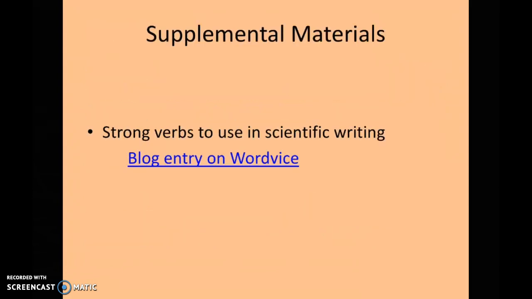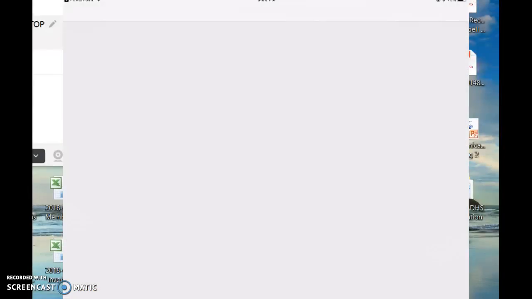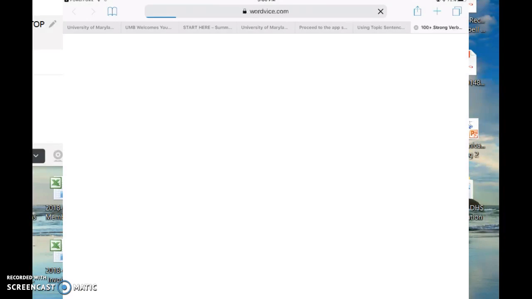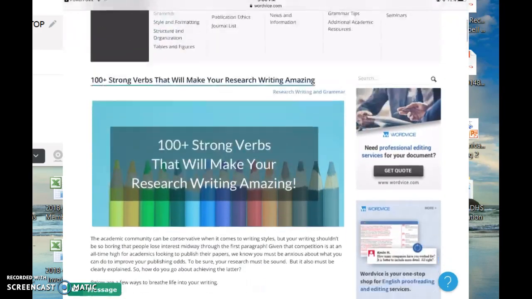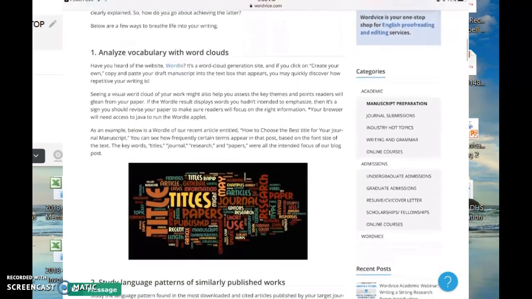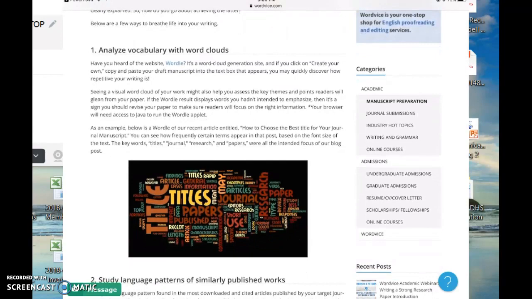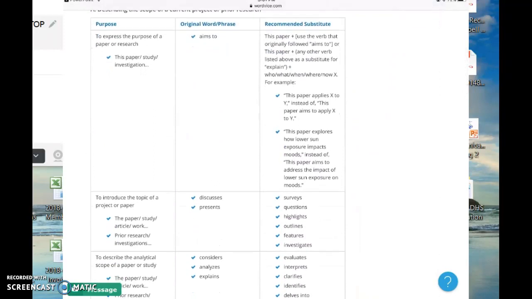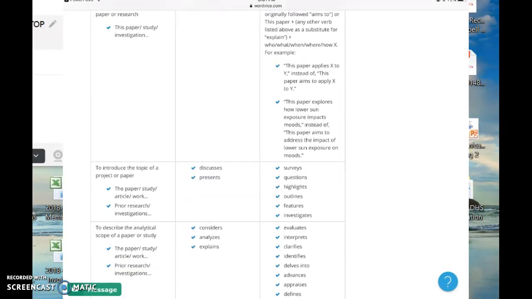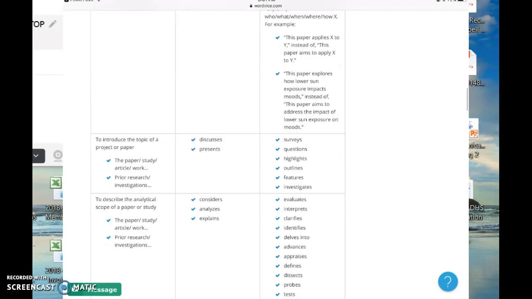Some supplemental materials, there's some blog entries and some other pieces that I've added. This one is a fun one, actually. Let me click on it briefly here. From Wordvice, and it lists 100+ strong verbs that will make your research writing amazing. If I were you, I would bookmark this somewhere or put it in my favorites, because if you go to the very bottom, it has some really great table here where it says to express the purpose of a paper or research: this paper, a study, investigation, aims to discuss, present, surveys, questions, considers, analyzes.